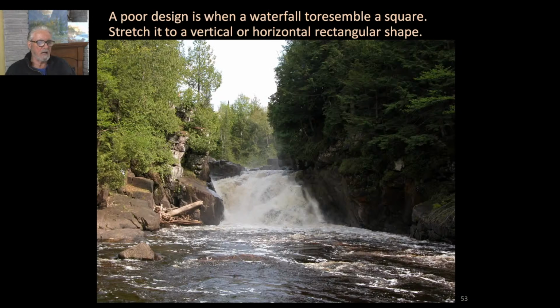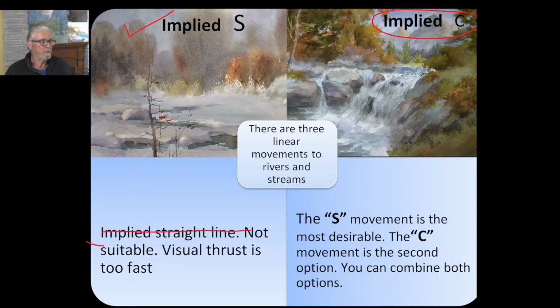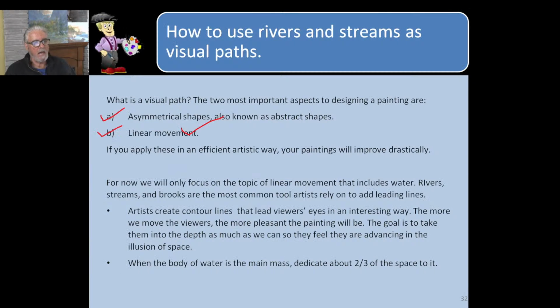Okay, this is Sturgeon Falls, I believe. This is here in Ontario. Nice setup, but there's one problem. Remember I said the two most important things in planning your painting are asymmetrical shapes and linear movement.